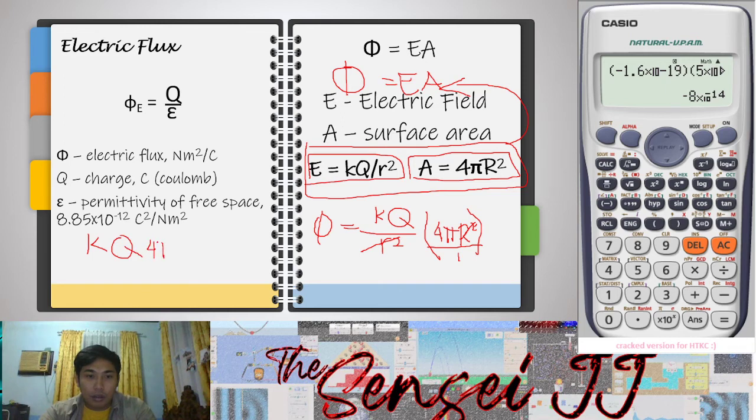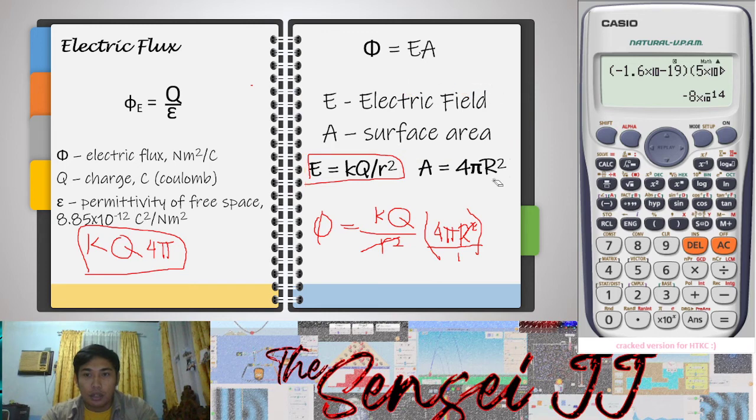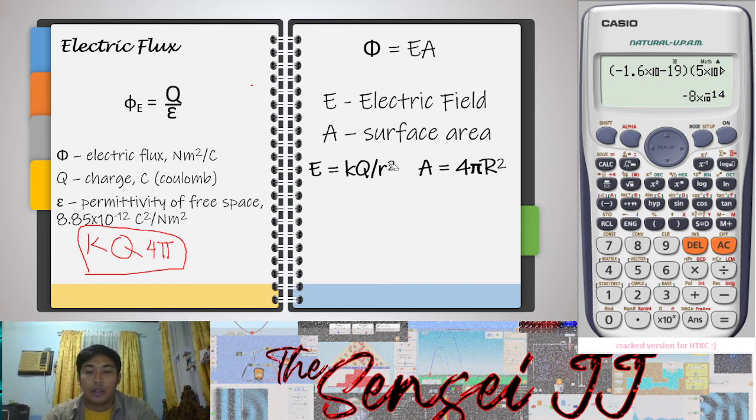4 pi. Okay, so kq 4 pi. But then again, kung ito na lang yung matitira natin, so paano tayo nag-arrive dito, sir, sa k all over permittivity of free space. Okay, so here is another value of our k, which is k is equivalent to 1/4 pi permittivity.